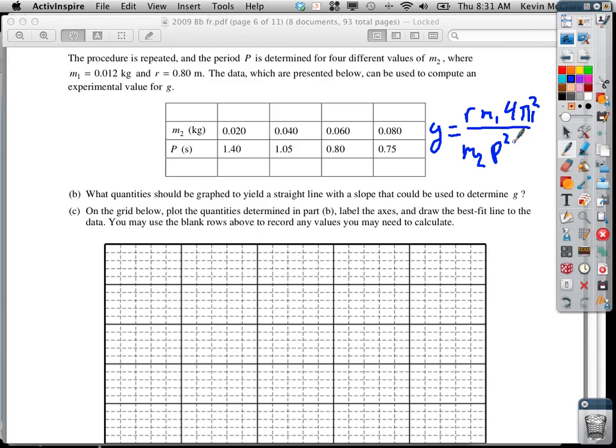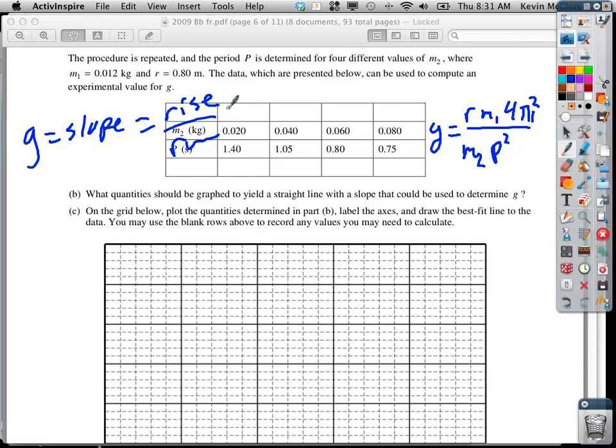So the problem is, how do you make a graph with this? If you want G to be the slope of the graph, then you have to have rise over run. Does that make sense? And how do you do that here?